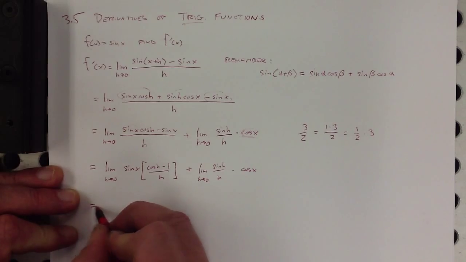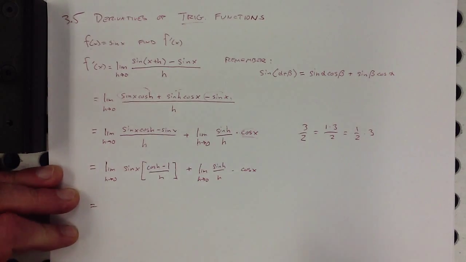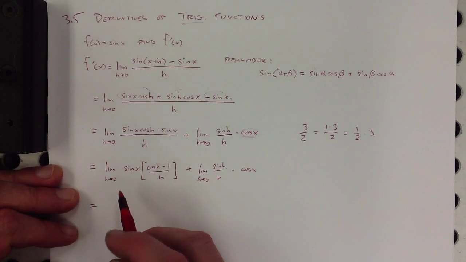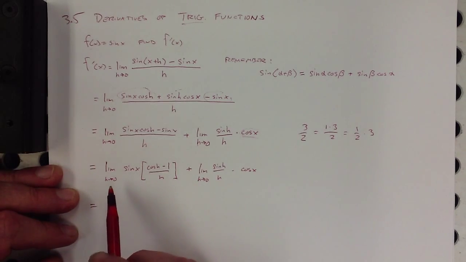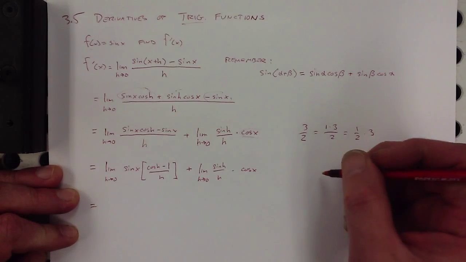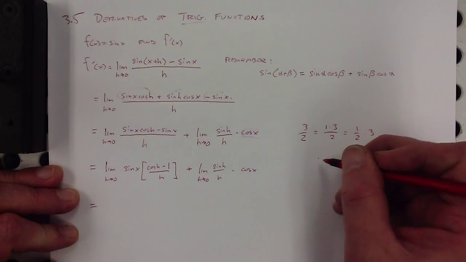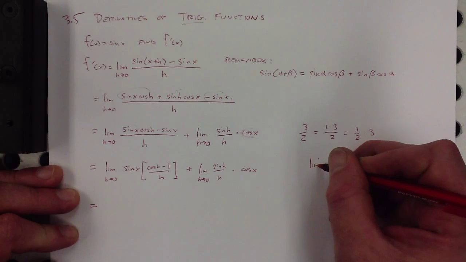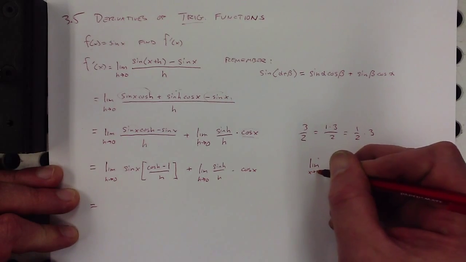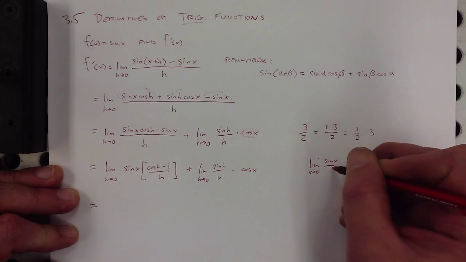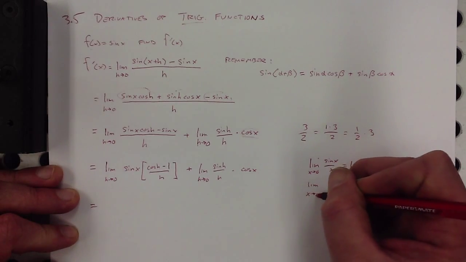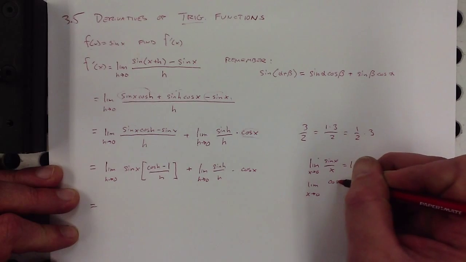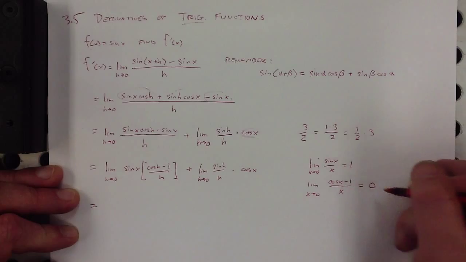Same with this. And hey, look, these are the two limits that we know from section 2.5 maybe, the two trig limits. Remember the two trig limits that we learned way back when, last year? The limit as x approaches 0 of sine x over x is 1, and the limit as x approaches 0 of cosine x minus 1 over x is 0.